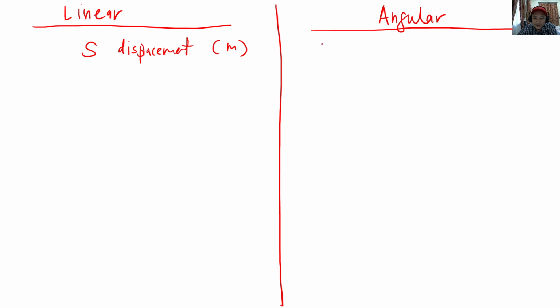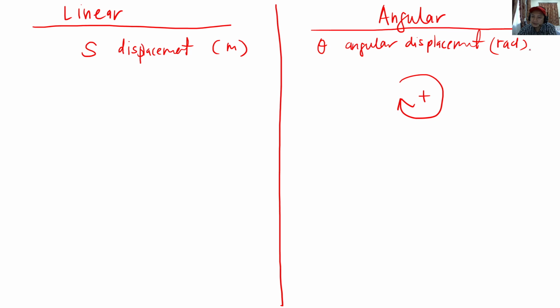Now for angular, you have theta. It's called angular displacement. So the unit is no longer meter. The unit is angular, so you can either use radian or degrees. But most of the time we are going to be using radian. So the unit is radian.